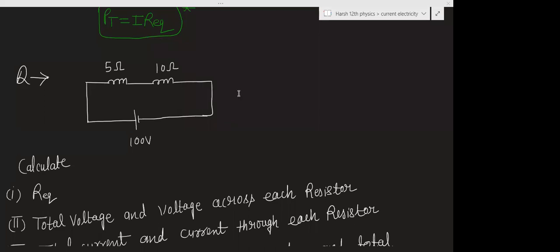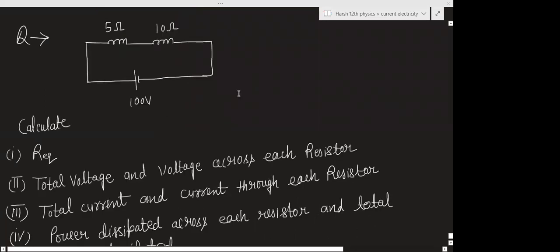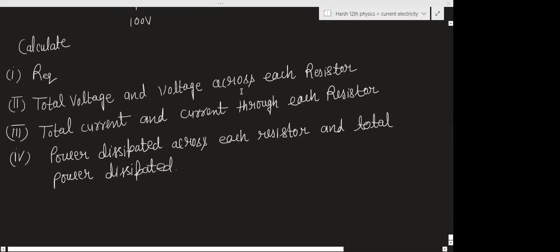Please note down the question first, and after that give it one try only. The first answer is 15. Okay, no problem, don't tell me the answer. You can check your answer when you have calculated all the parts. Okay, start, and I am giving you 5 minutes.